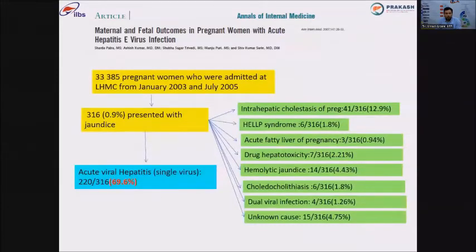This was a study published in Annals of Internal Medicine, which had 33,385 pregnant females who were admitted to Lady Hardinge Medical College from January 2003 to July 2005.